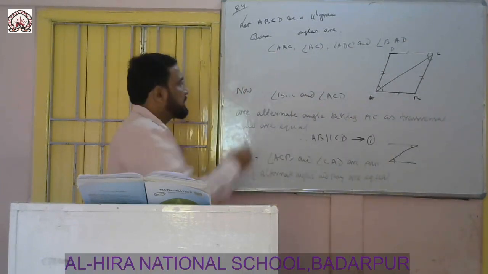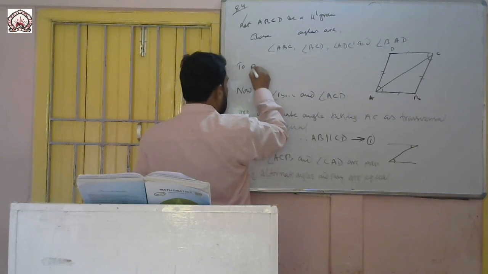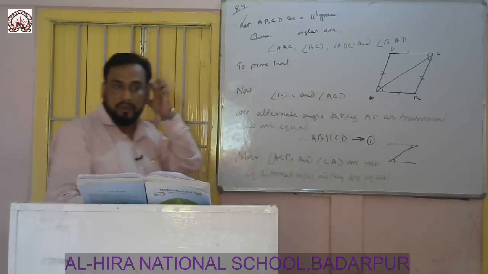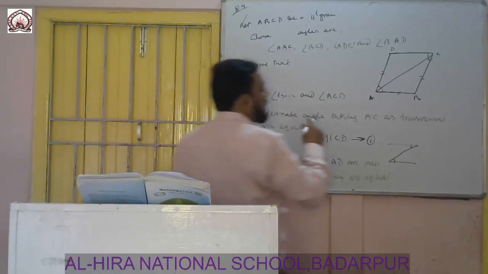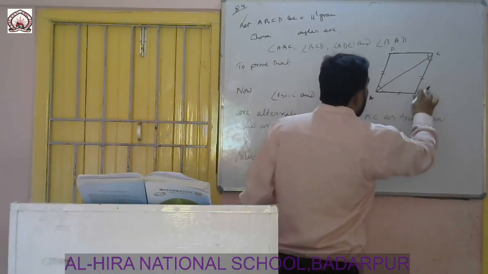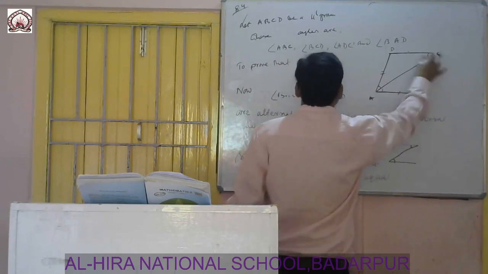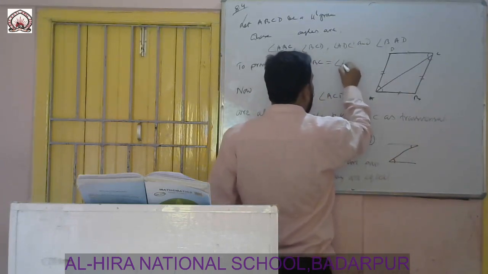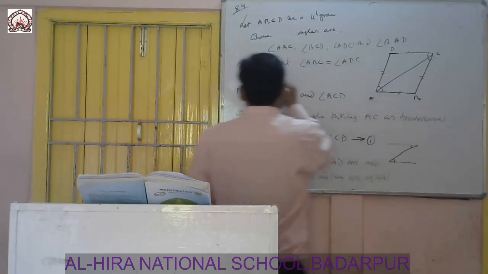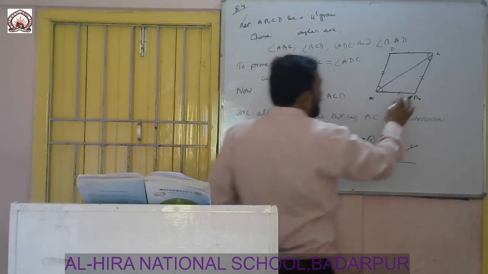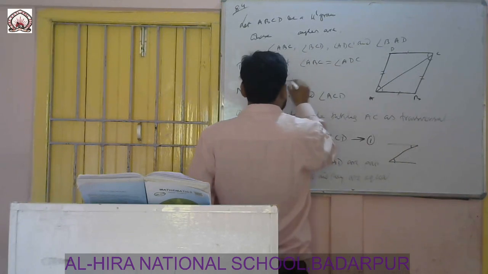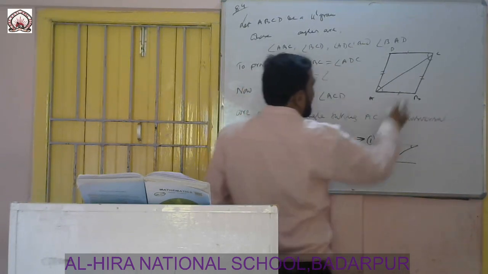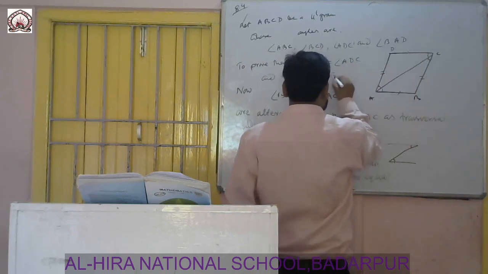We have to prove that opposite angles are equal, that is, angle ABC is equal to angle ADC and angle BAD is equal to angle BCD.